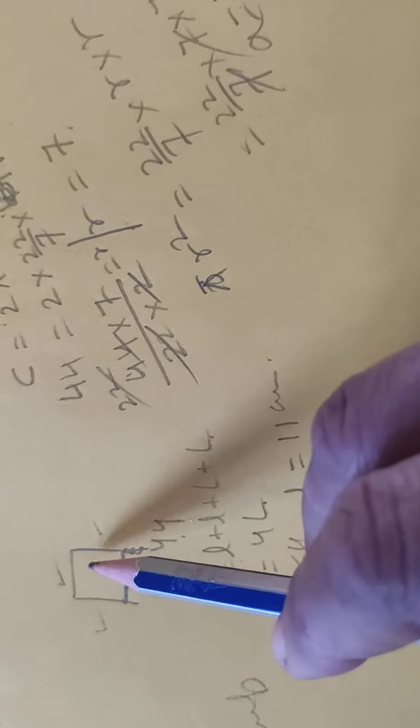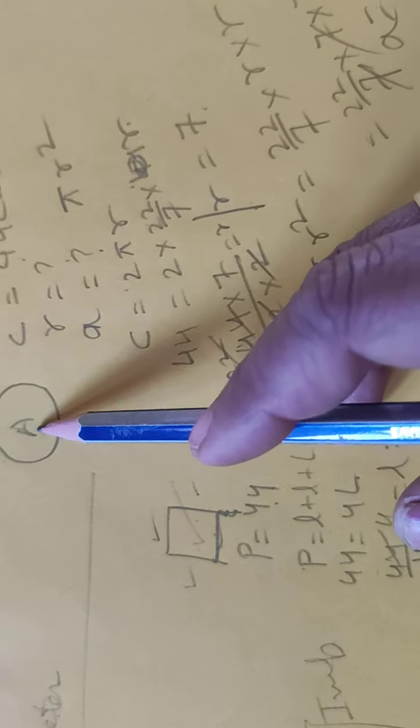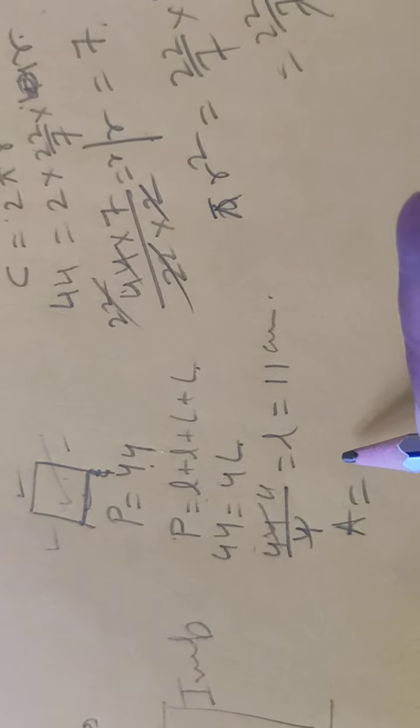Now, they have asked you one more thing. You have to find out the area also, because they have asked whose area will be greater, the area of the square or the area of this circle. So simply you find out the area. Area of a square is how much?